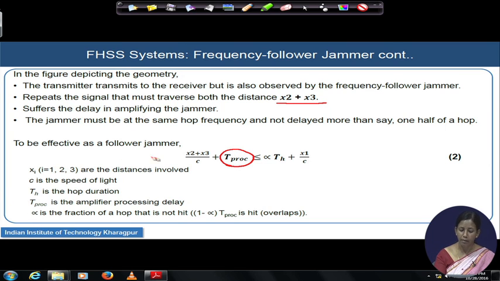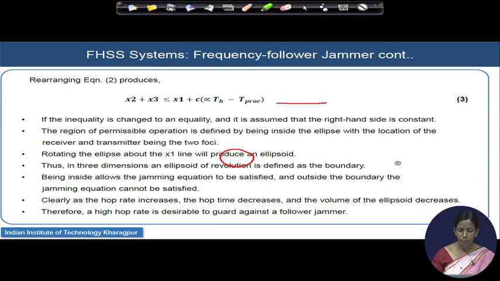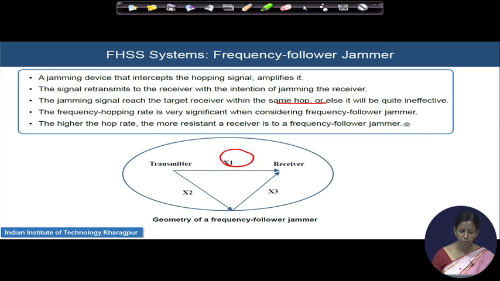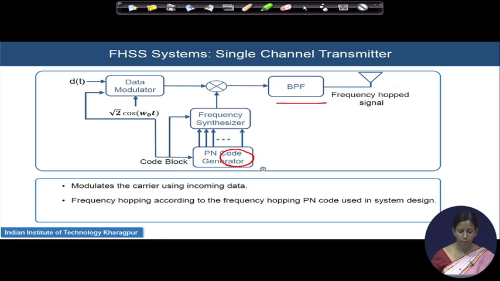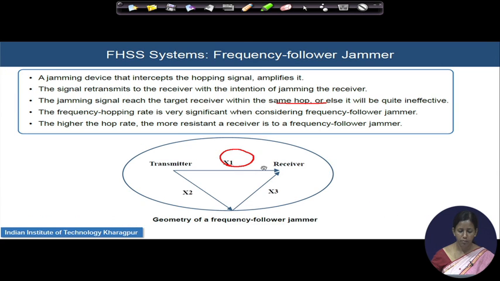So, to become an effective frequency follower jammer, your jamming path is going via x2 to x3, and this is your intended transmitting to receiving path.